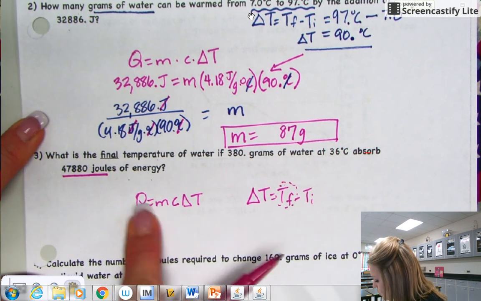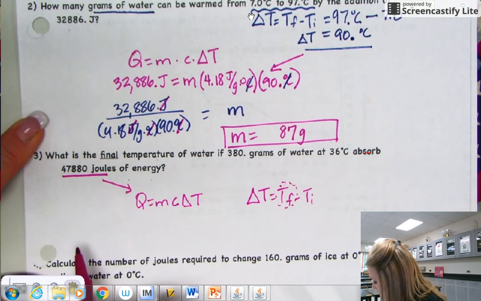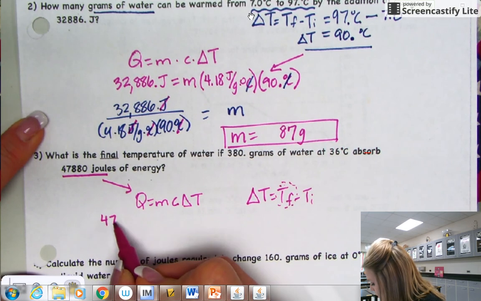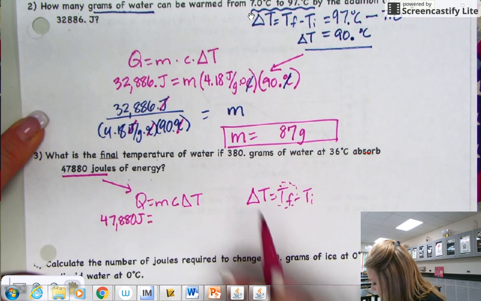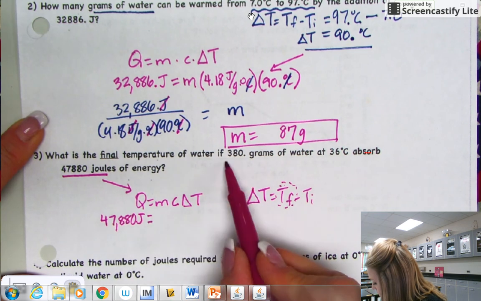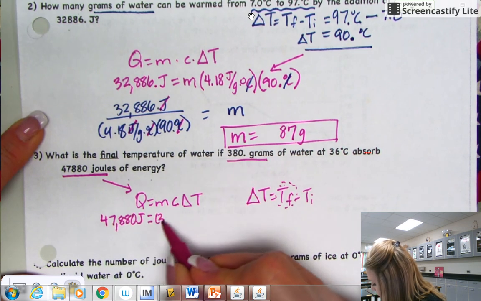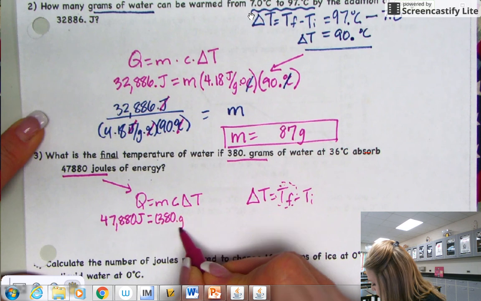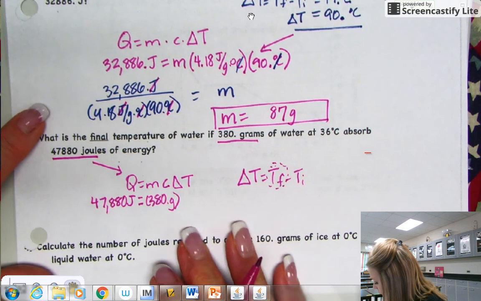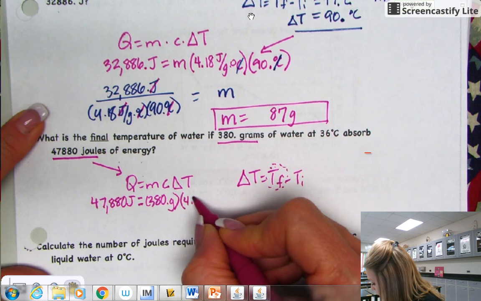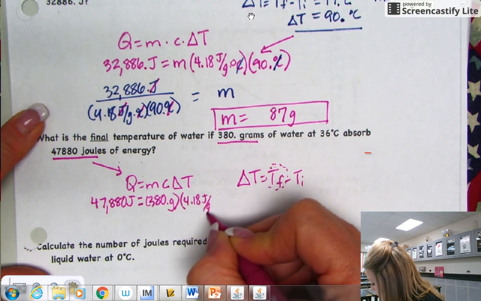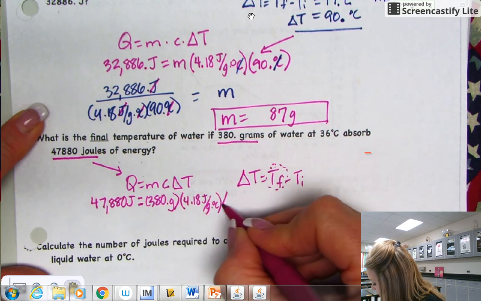So the joules is our Q. Joules is a unit of energy, so 47,880 joules equals, and the mass of water is 380 with a decimal grams. And the specific heat of water is our constant, 4.18 joule per gram degree Celsius. And then that's times delta T.